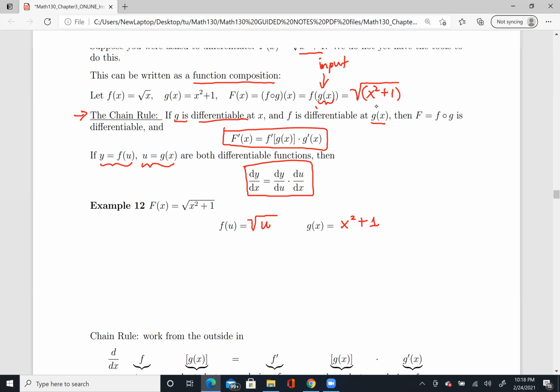Now the derivative of f with respect to u: I have to rewrite this as u to the power 1/2, so I have 1/2 multiplied by u to the power negative 1/2.